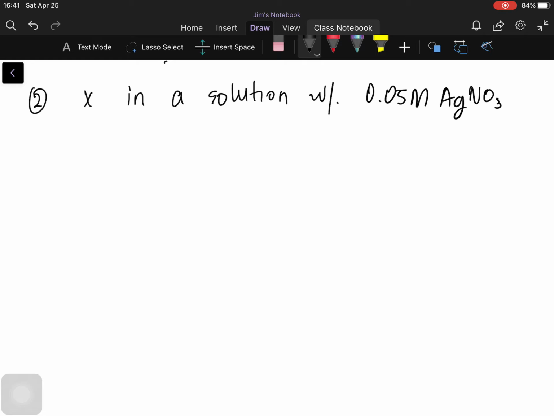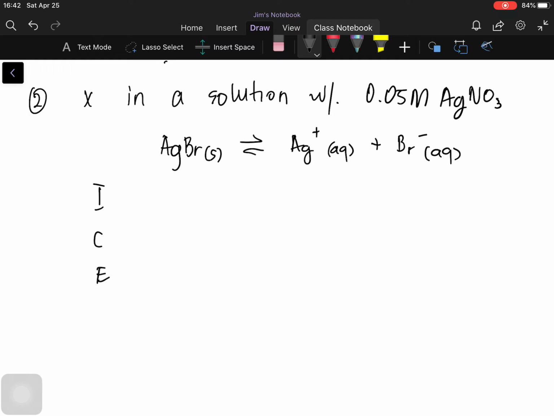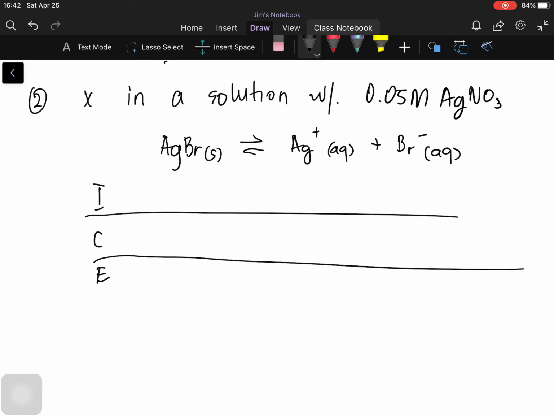Still, we're going to use the ICE table as always. For solids, we're not going to write anything at all.